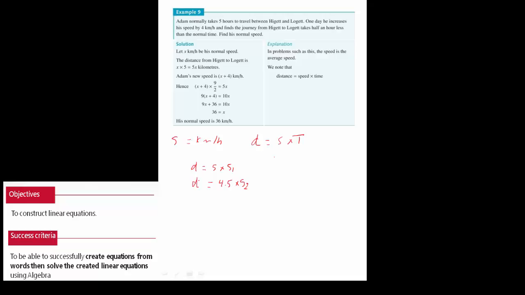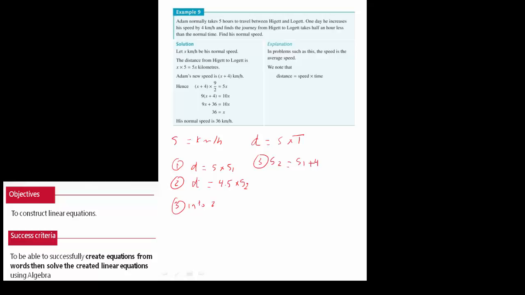Well, S2 is S1 plus 4. So it's 4 kilometers quicker, increased the speed by 4 kilometers. So if this is equation 1, this is equation 2, and let's call that equation 3.